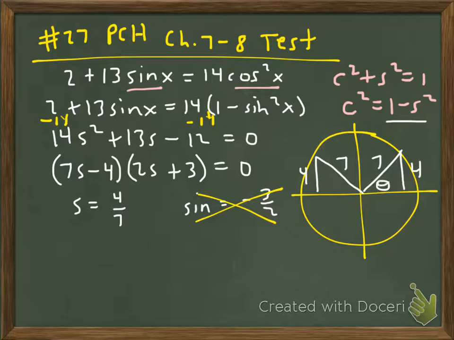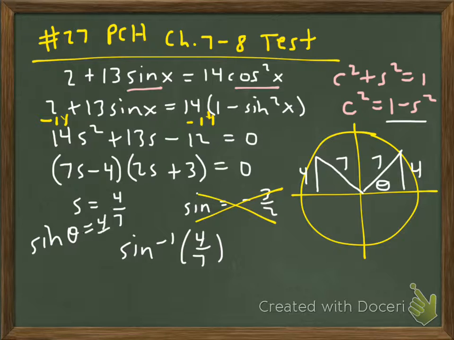So what is this angle here? If the sine of theta equals 4/7, then theta is the inverse sine of 4/7. So we have a theta there, but we also have a theta in the second quadrant as well.